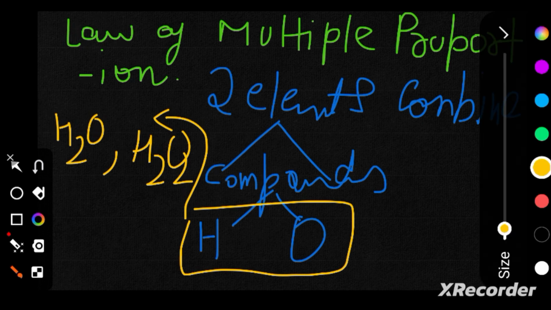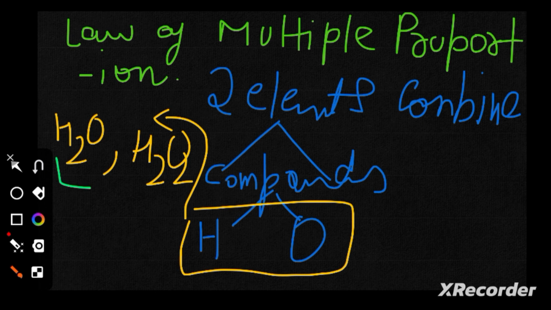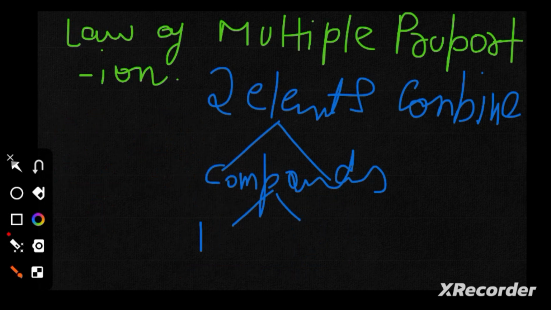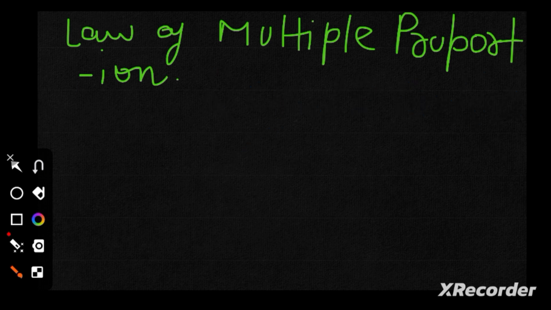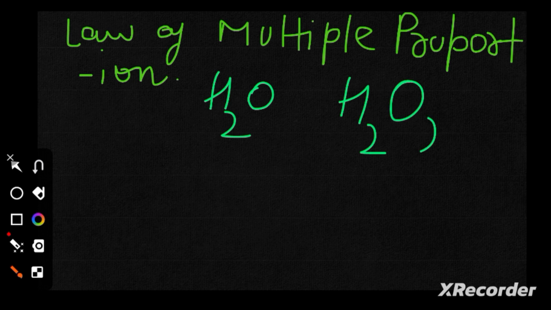These two products. So let's say the compounds made by these two elements are H2O and H2O2.